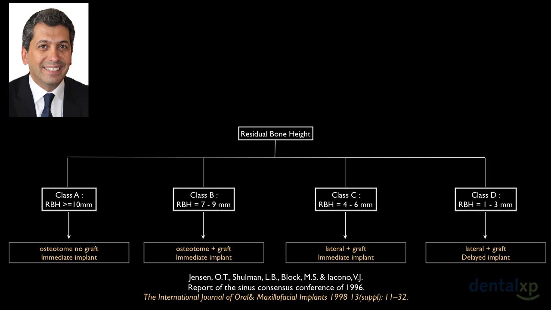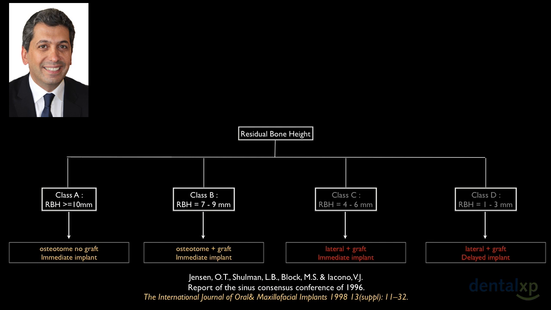If we go back to the Sinus Consensus Conference that was held in 1996, and we look at the report of this conference, they divided at that time the indications for sinus floor elevation depending on residual bone height. We see that whenever we had less than 6 millimeters of bone height beneath the sinus, the Consensus Conference recommended to perform an external sinus floor elevation, a lateral approach with grafting.